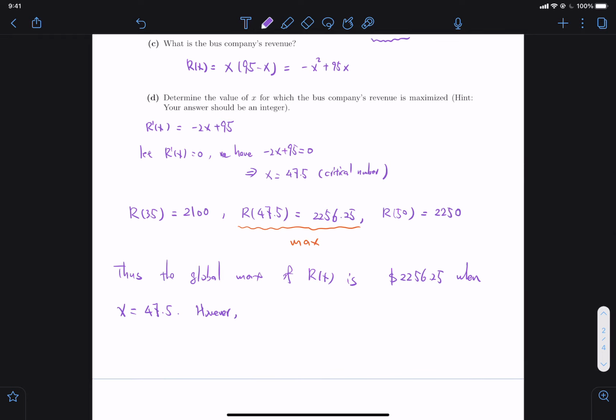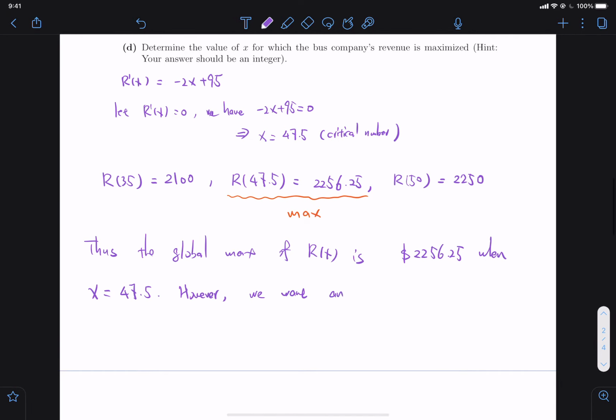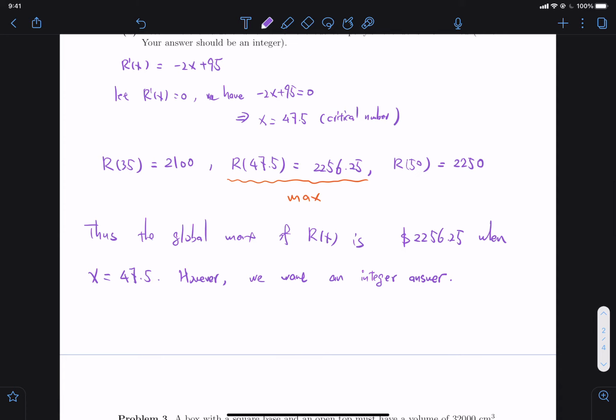So a little adjustment should be made here, because we want an integer answer.